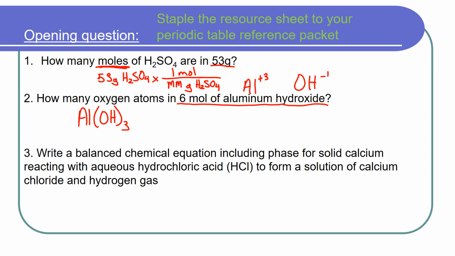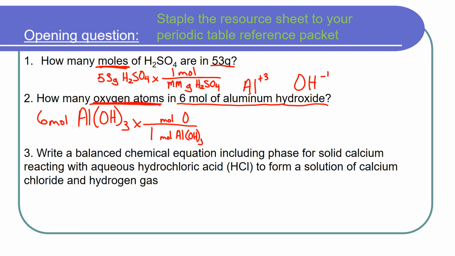So now, if I have 6 moles of this, and it's wanting to know oxygen atoms, I need to get to oxygen first. So for every 1 mole of Al(OH)3, how many moles of oxygen do I have?